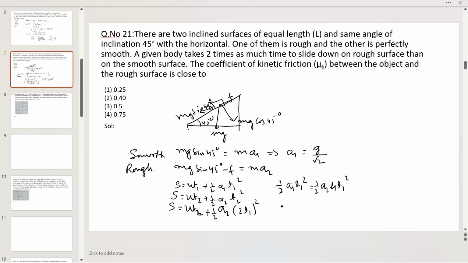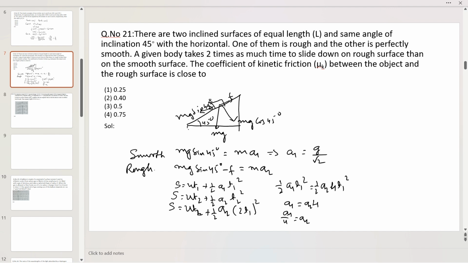So a1 is equal to 4 a2, so a1 by 4 is equal to a2. This is the relation between a1 and a2.